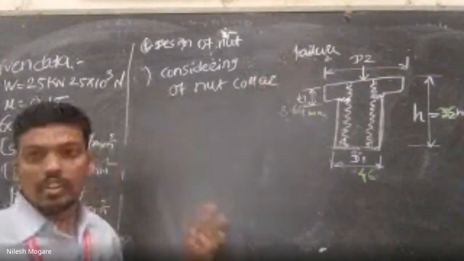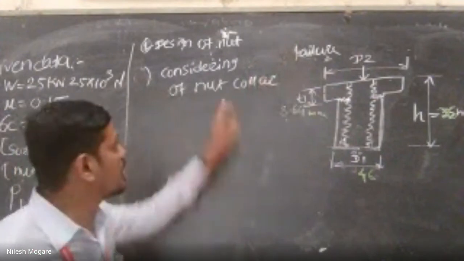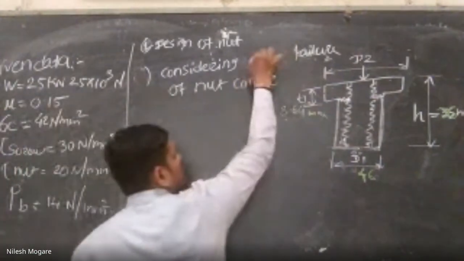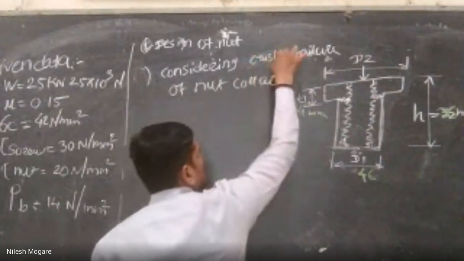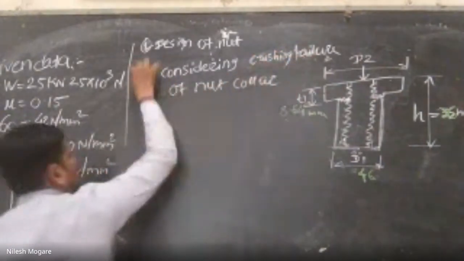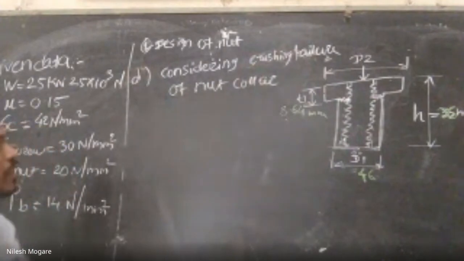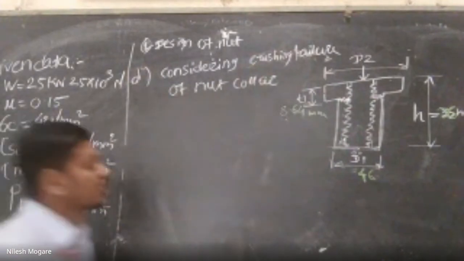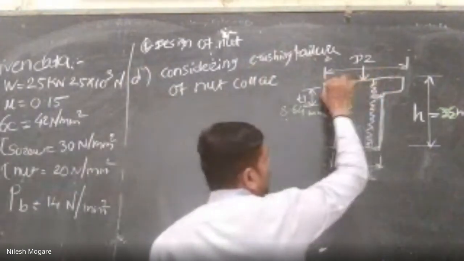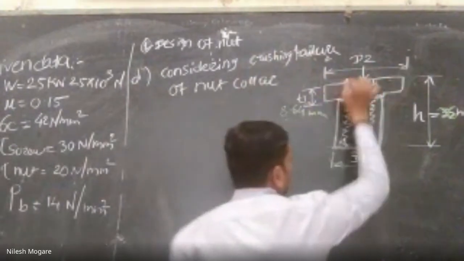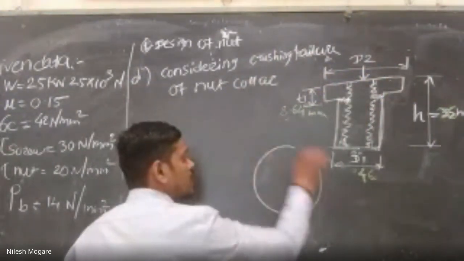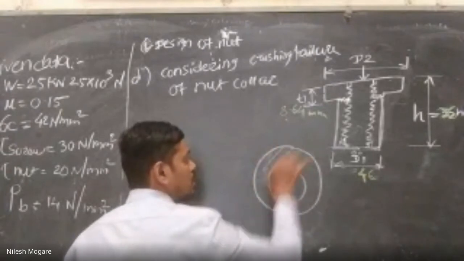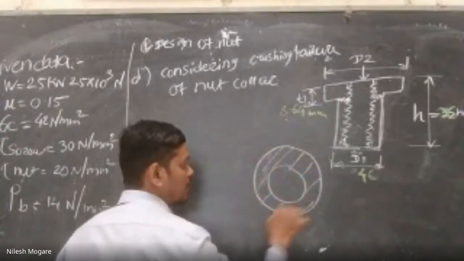We have seen tensile failure and shear failure. Now we have to see crushing failure. Considering crushing failure of the nut collar, when the load is active, this much amount of area is the resisting area.